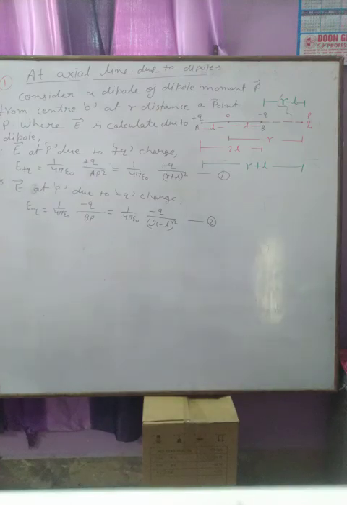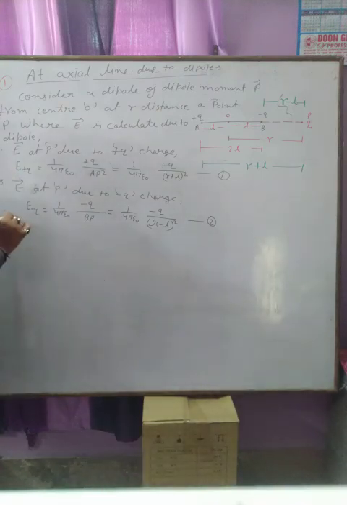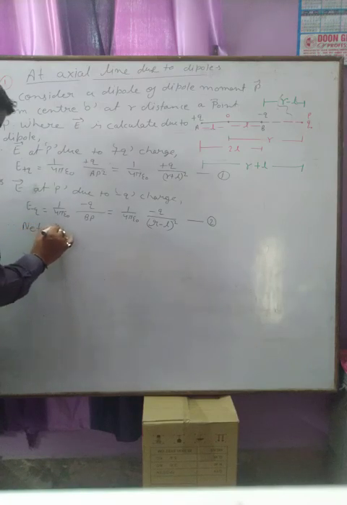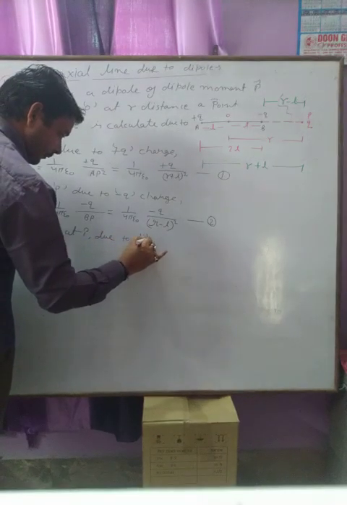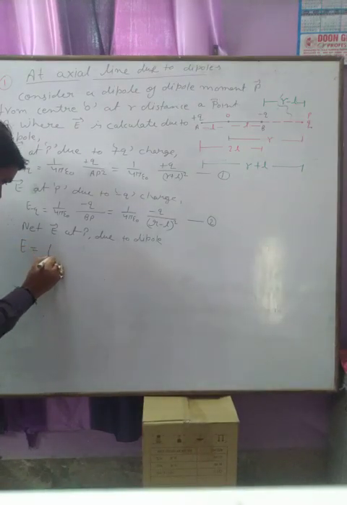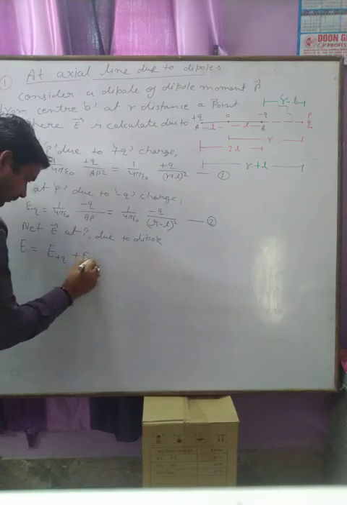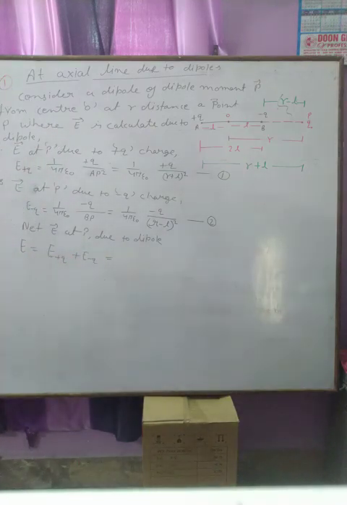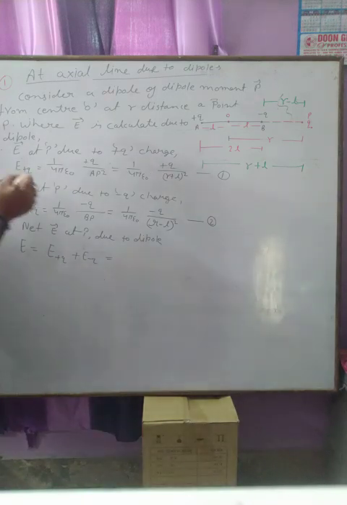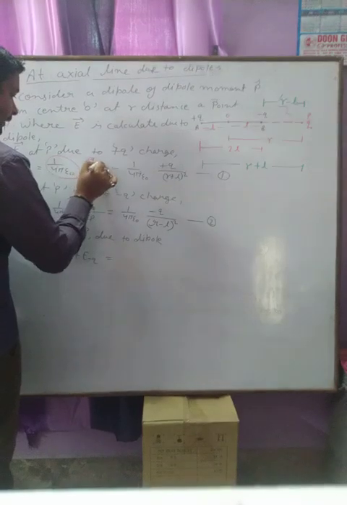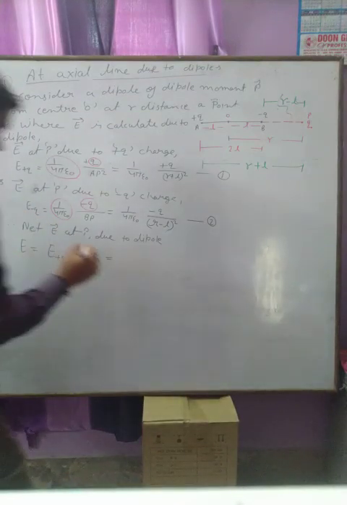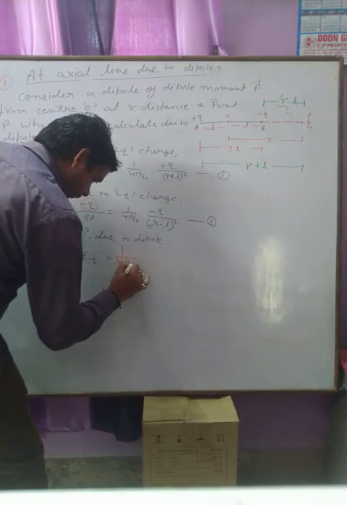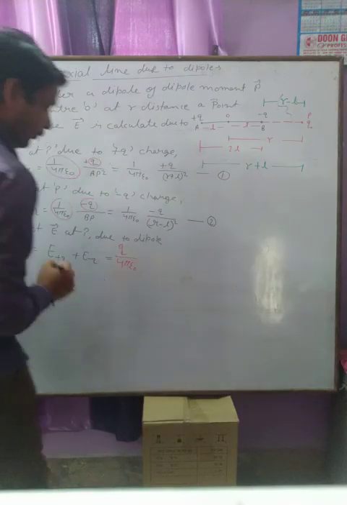Now we are calculating the net electric field at point P. Therefore, the net electric field at P due to the dipole is E equals E plus Q plus E minus Q. By putting in the values, it is observed that Q and 1 upon 4 pi epsilon naught are common, so we take them outside.